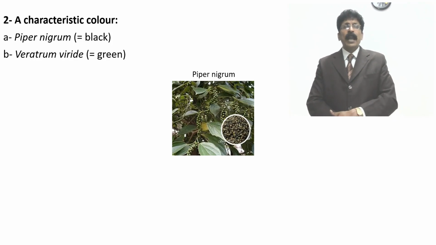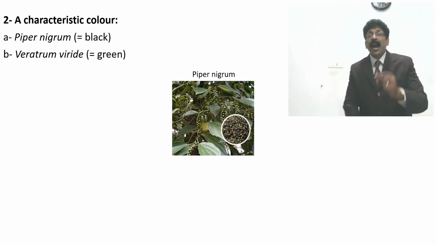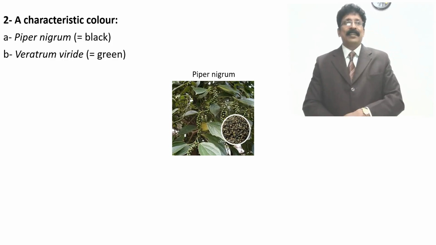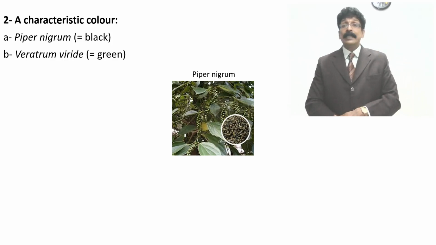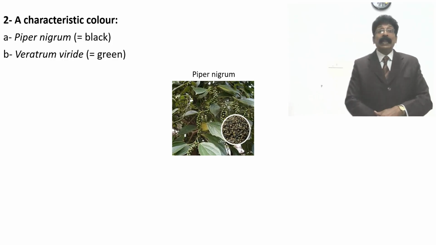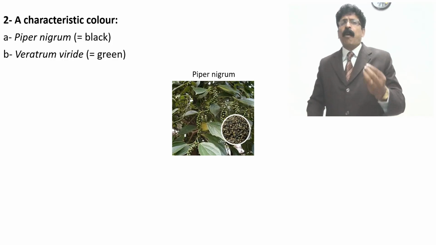Veratrum viride. Viride means green. Veratrum is a green color plant, not native to India. It is in North America, and this short green plant is very useful for the cardiac system and brain.